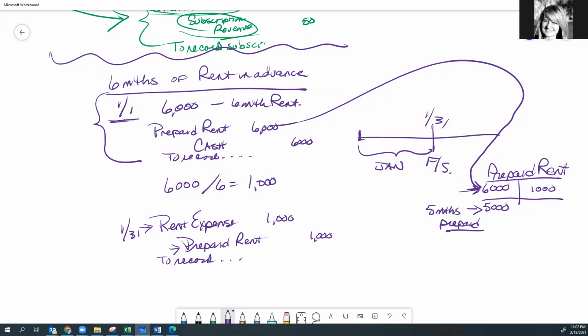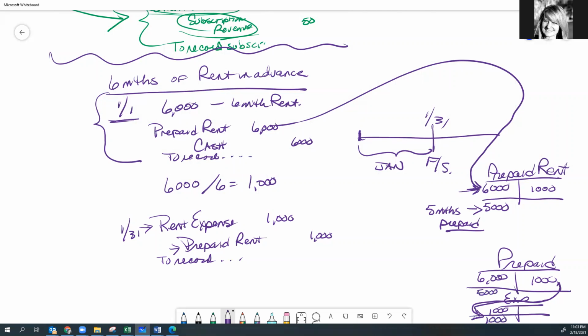Another way to say this is that with this prepaid rent account, we're moving $1,000 from the asset to our expense. So we're taking it out of the asset and moving it down into our expense. And the balance of our asset is now only $5,000, and the balance of our expense is $1,000.